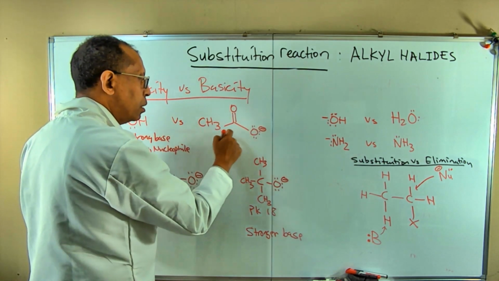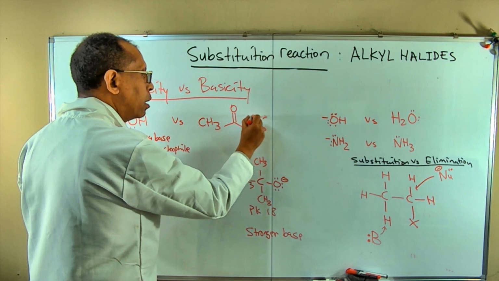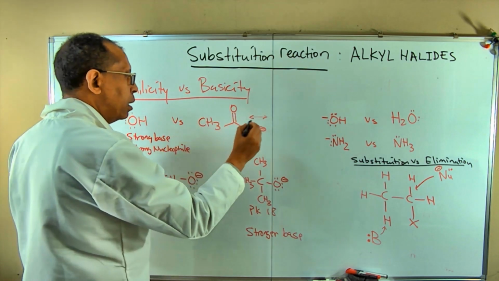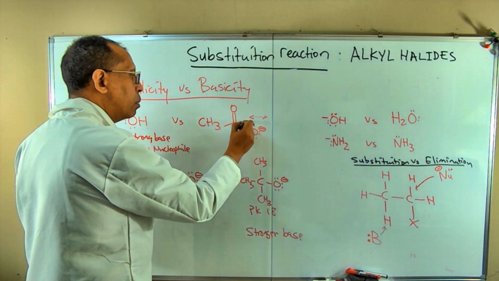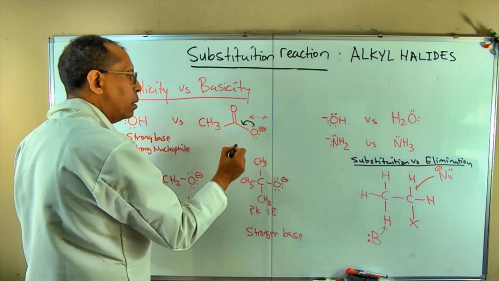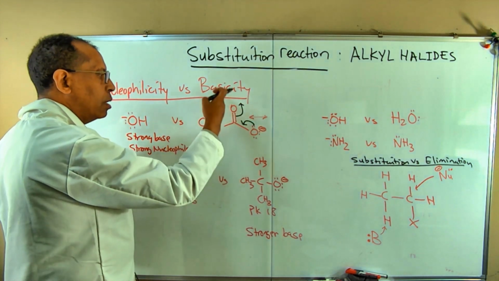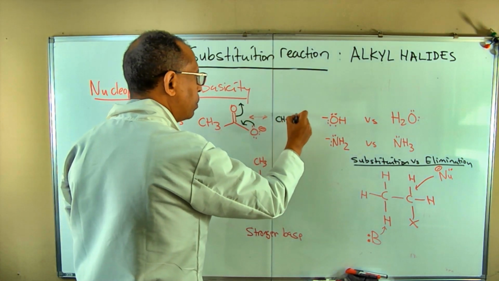But this acetate anion has resonance stabilization, meaning that the anion is stabilized rather than going and attacking, by pushing this electron back here. That negative charge is delocalized by a resonance structure.